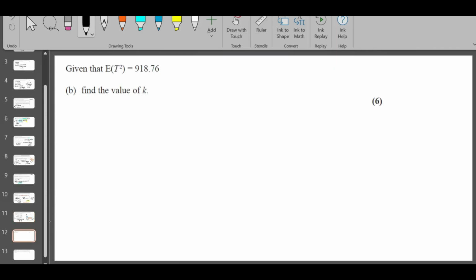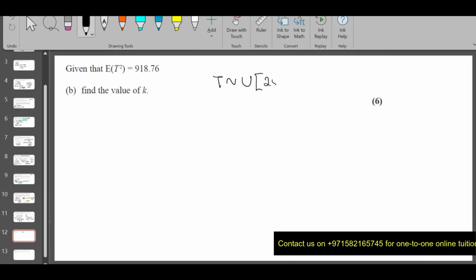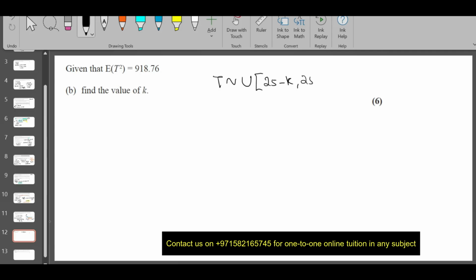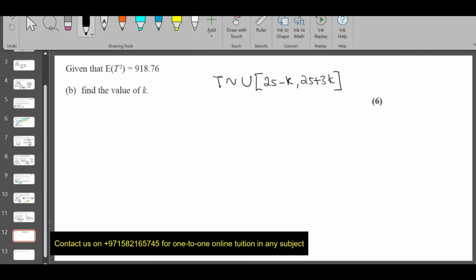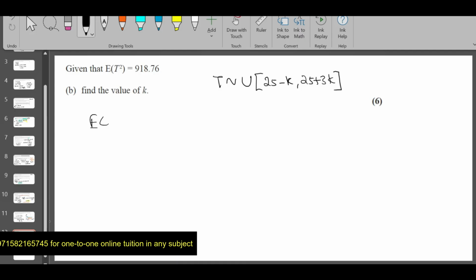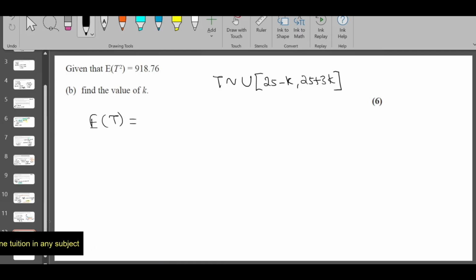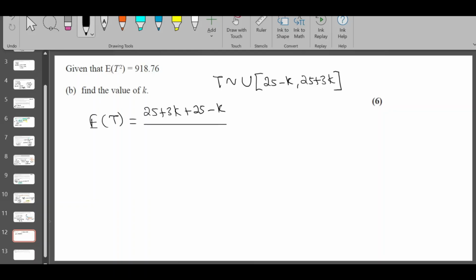Part B now. Given that E of T squared is this, find the value of k. We know T follows a uniform distribution of 25 minus k, 25 plus 3k. For a uniform distribution, the expected value has a formula given in the data booklet. It's b plus a over 2. So it's going to be 50 plus 2k over 2, which is 25 plus k.